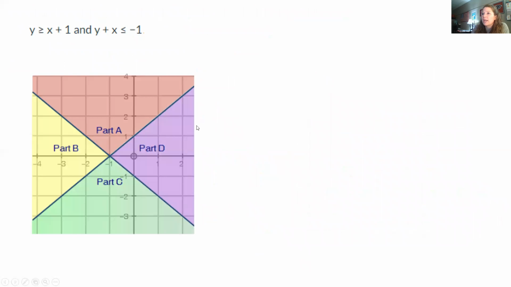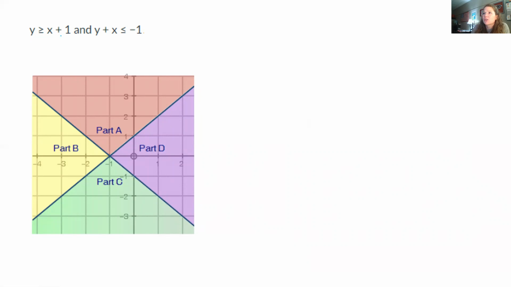All right, so here's one of the problems I saw when I was looking at your practice problems, and the question is, what is part of the solution set? So first thing I'm going to do, I need to change colors, can't see yellow. So I'm just going to graph these lines.